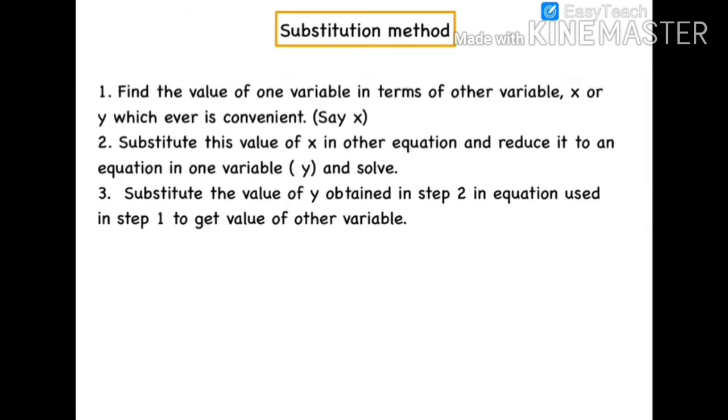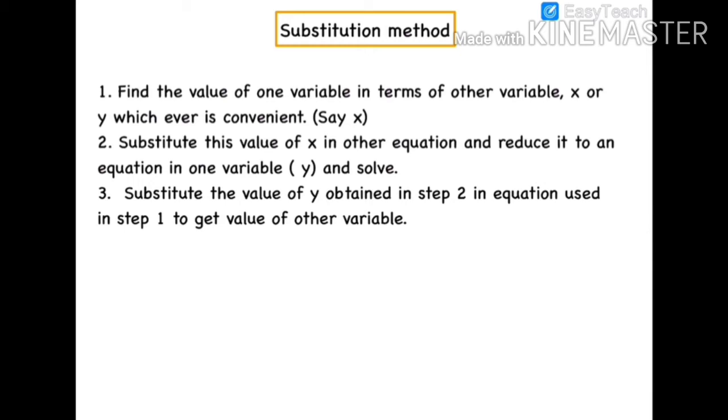Second method of finding the solution is called substitution method, in which we find the value of one variable in terms of the other using one equation. Then we substitute this value in the second equation, and this reduces the second equation into an equation of one variable.